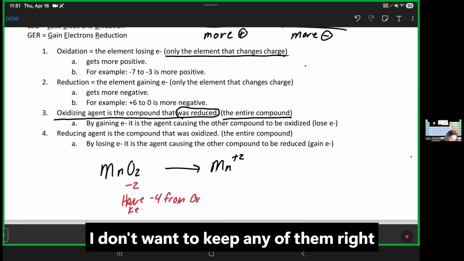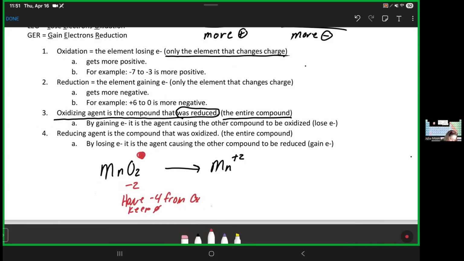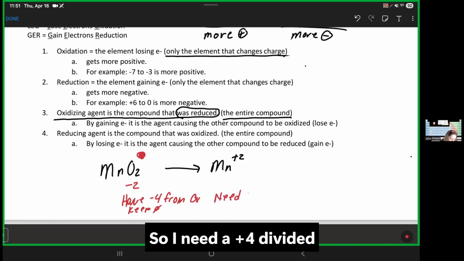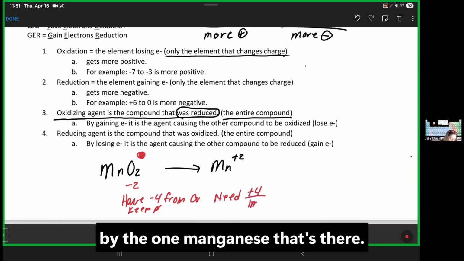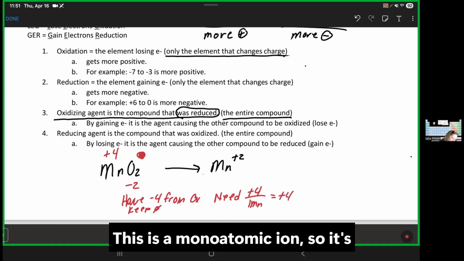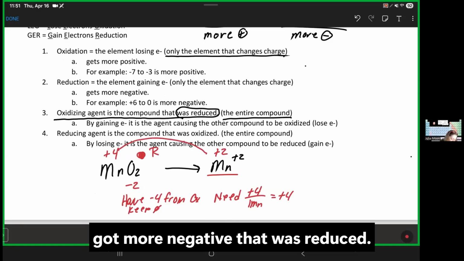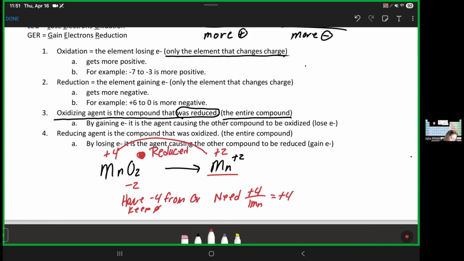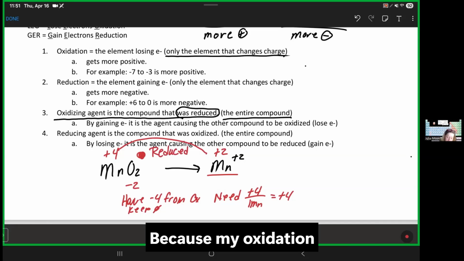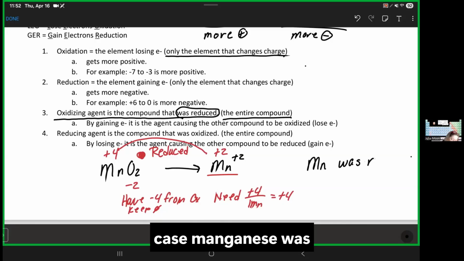I don't want to keep any of them, right? Because my charge is 0 up here. So I need a +4 divided by the 1 manganese that's there. So manganese is +4. This is a monoatomic ion, so its oxidation number is its charge. So that got more negative. That was reduced, because my oxidation number reduced. So in this case, manganese was reduced.